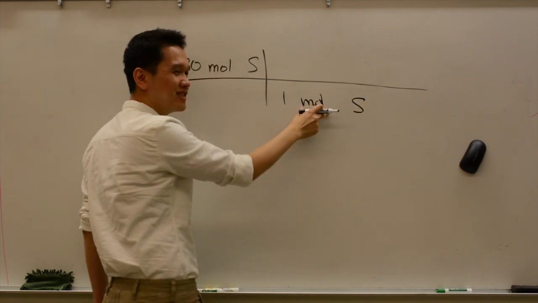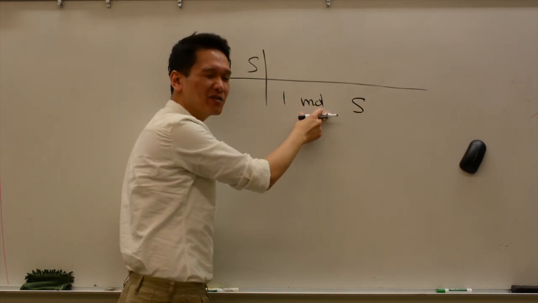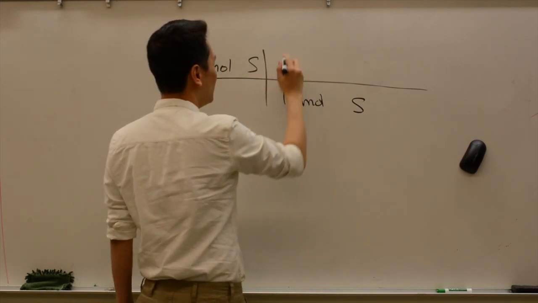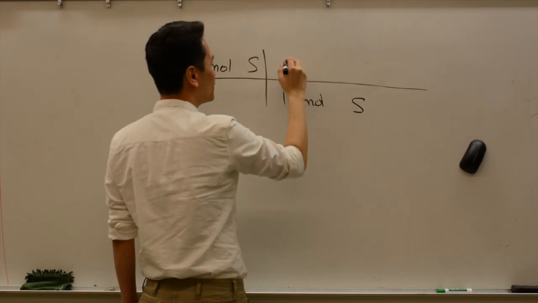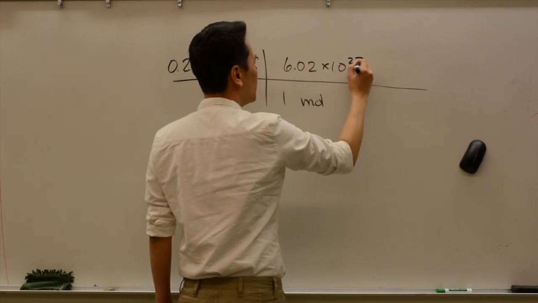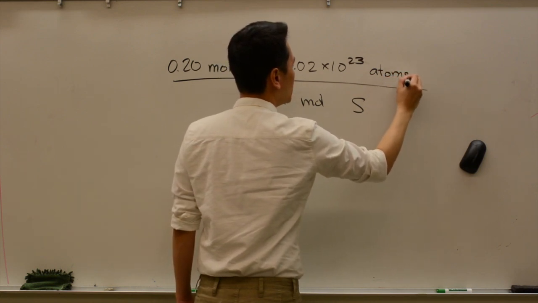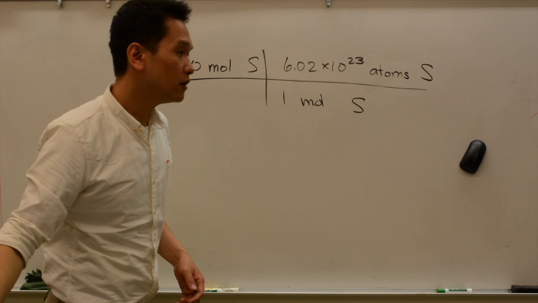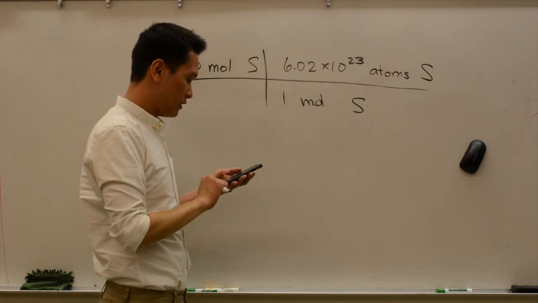Oh, by the way, moles, we abbreviate as mol sometimes. We drop the E. That's how we roll. So back to here. So 1 mole of sulfur is 6.02 times 10 to the 23rd atoms of sulfur. Okay. So you do that math.